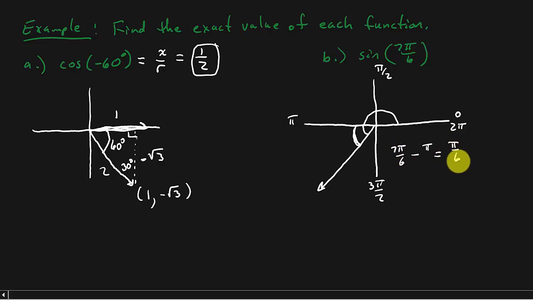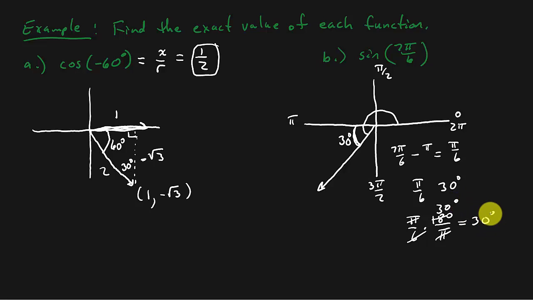And so we know this is 30 degrees. Because pi over 6, remember, is the same thing as 30 degrees. If you take pi over 6 times 180 over pi, converting it to degrees, pi's cancel out, you're left with 30. But that's one of the ones you should know. Pi over 6 is 30 degrees. 30 degrees is pi over 6.